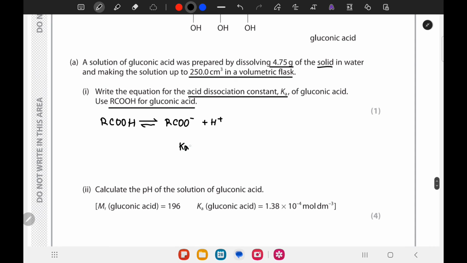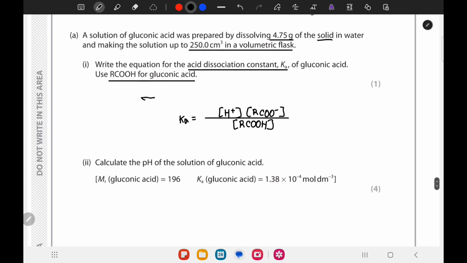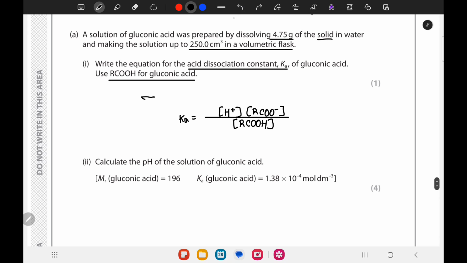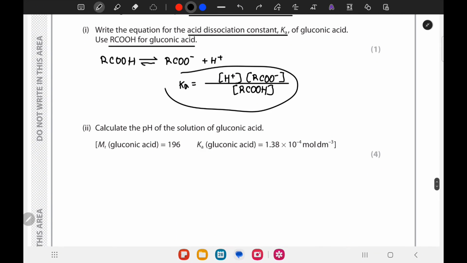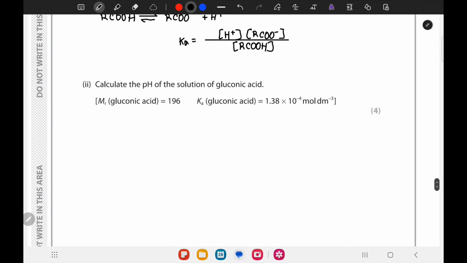So Ka will be the concentration of the products in their ratio. So H plus to the power of 1 times RCOO minus to the power of 1 divided by the concentration of RCOOH. This is the answer to this question. Now for part 2, we have to calculate the pH of the solution of gluconic acid.